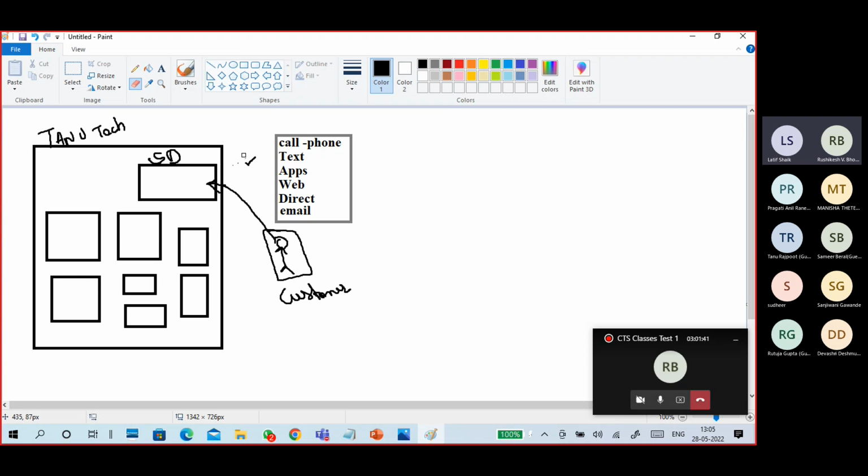When we call for tech support, the person will tell us, sir, turn off and turn on the router, reset the router.